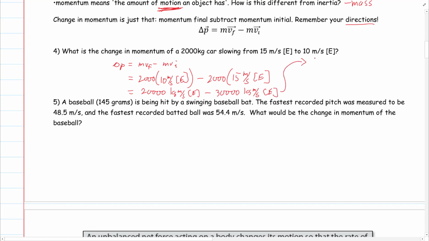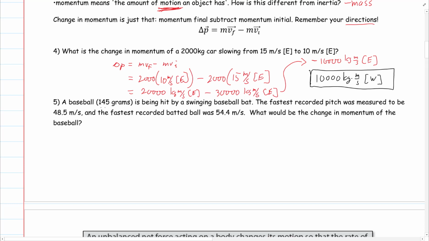So that becomes negative 10,000 kilogram meters per second east. So the answer will be 10,000 kilogram meters per second west. That's the change in momentum, towards the west.